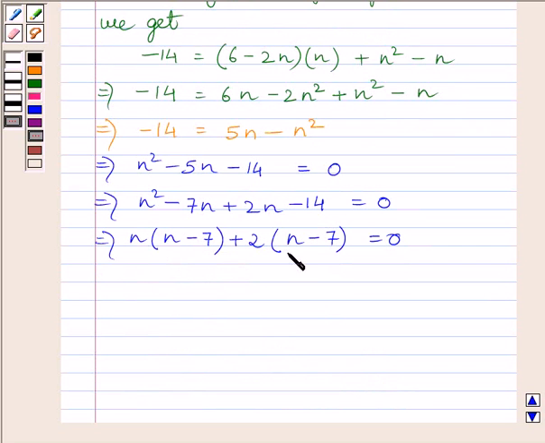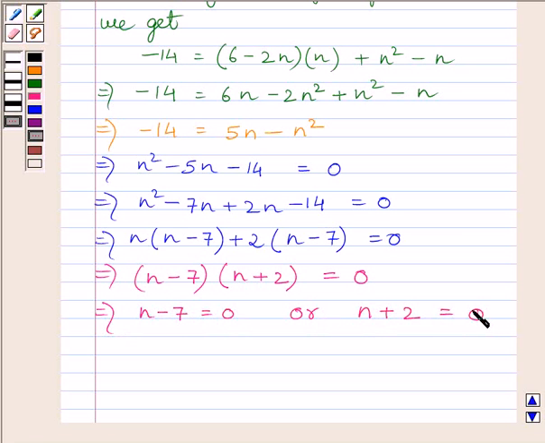Now n minus 7 is common in these two terms. So taking n minus 7 common from these two terms, we get n minus 7 multiplied by n plus 2 is equal to 0. Now simplifying, we get n minus 7 is equal to 0, or n plus 2 is equal to 0.